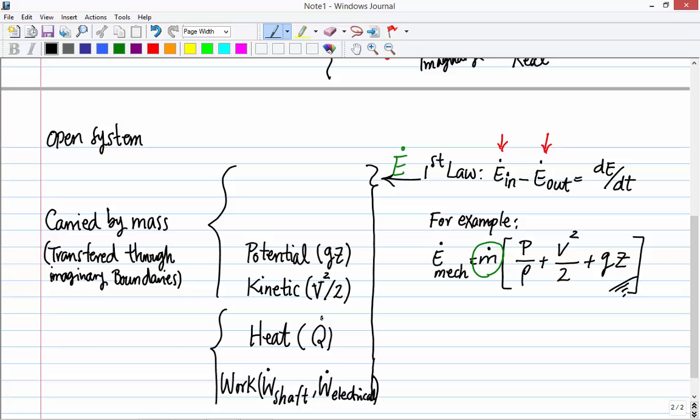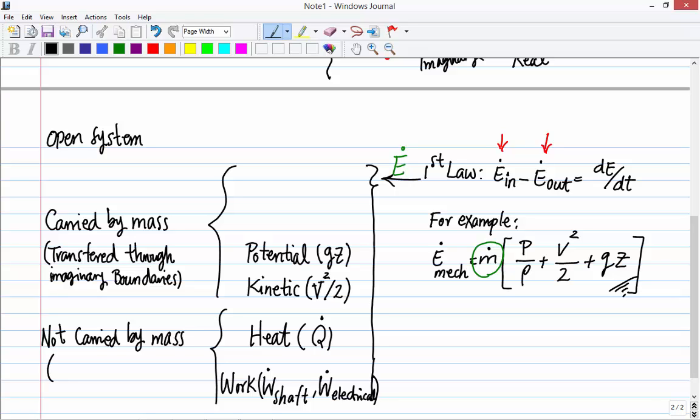You have seen those examples. So these are transferred, these are not carried by mass.